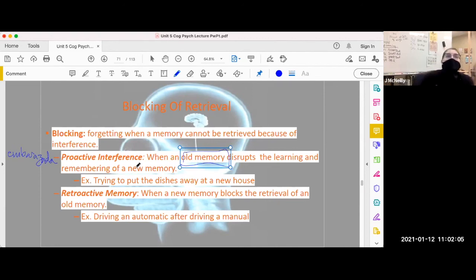But then you have some false cognates where it actually means something completely different, right? So I have an old memory of the word embarrassed that is interfering with me remembering the word embarazada in Spanish. Now, what does this word actually mean? Does anyone know off the top of their head? Pregnant, good. So yeah, definitely not embarrassed. So I have this old memory interfering with the learning of this new word.